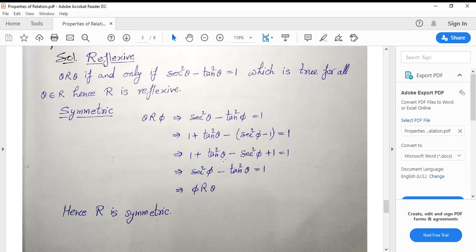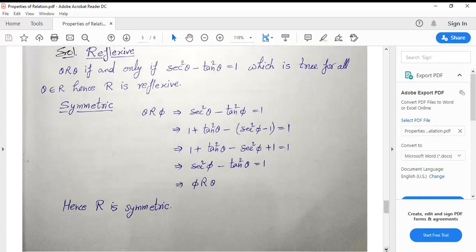So now 1 plus tan square theta, and when we open this, minus secant square phi plus 1 equals 1. After solving this, we get secant square phi minus tan square theta equals 1. And this condition shows that phi is related to theta. So this is the symmetric relation.